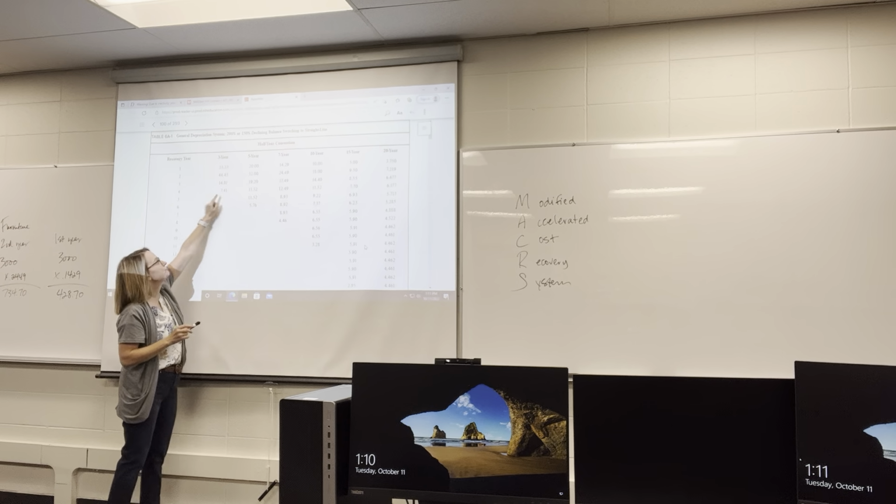Now, like I mentioned, all of these percentages assume that you own that piece of property for the whole year. So this is assuming we didn't sell it in the second year. If we sold it in the second year, we're going to have to adjust this percentage, because this is assuming 12 months.